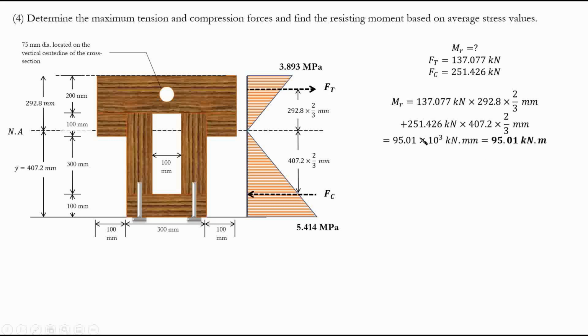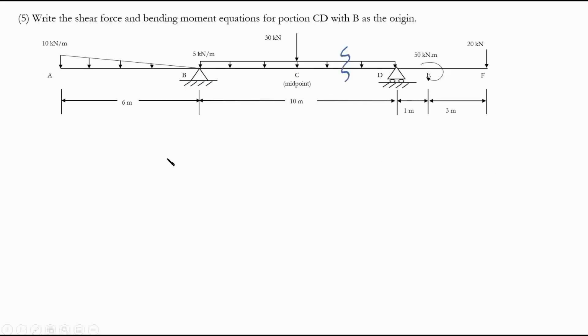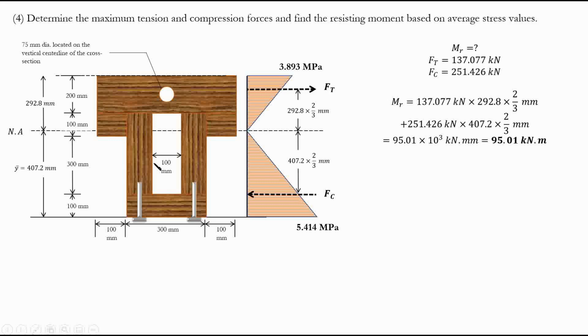And based on that, we get the final number as this much kilonewton millimeter, right? Or 95.01 kilonewton meter. Simple. Okay, that's our resisting moment. But wait a minute. Before even going there, our applied moment was 130, remember? But this is 95.01.